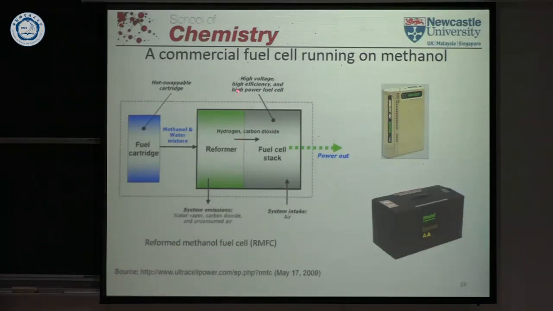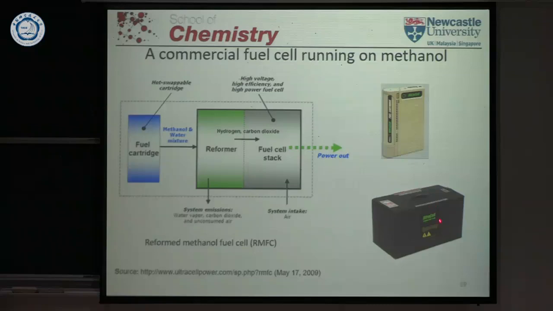And then you have to do some gas cleaning that's included in here. Then the hydrogen and some carbon monoxide from that process goes into the fuel cell stack, and you get electricity out of it. You take the air in. And then you can build small systems based on this hydrogen that has been used for some outdoor applications.